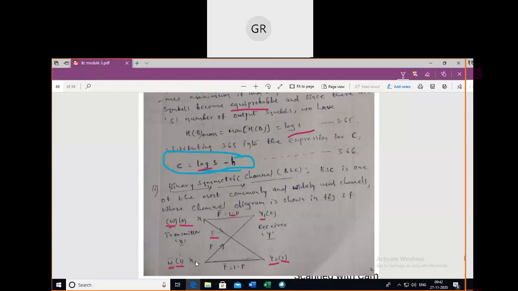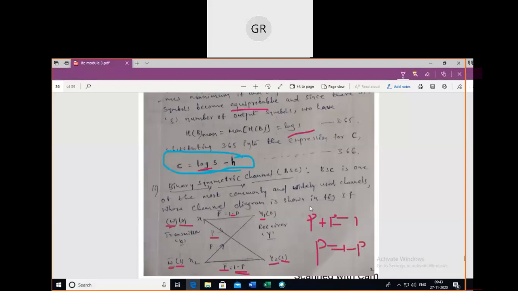If we send signal 1 and receive signal 1, then the conditional probability is p bar. Just remember here p bar is equal to 1 minus p.